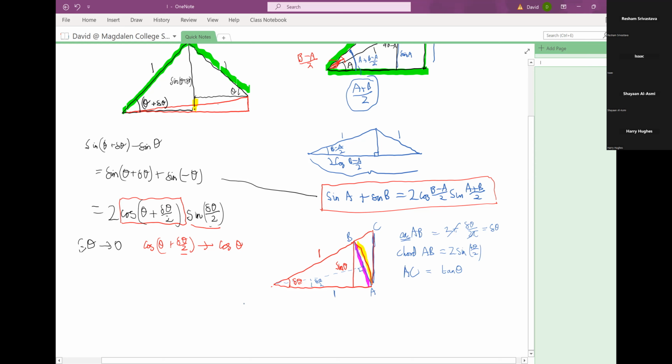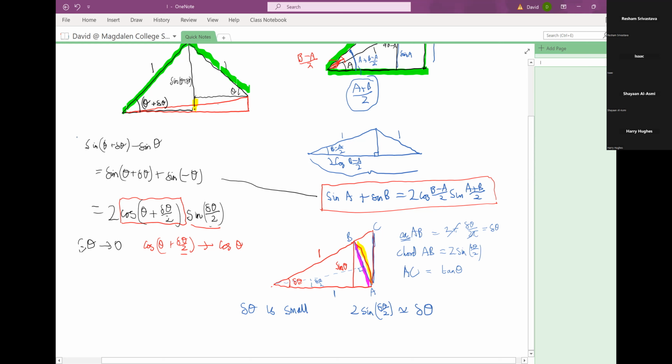So when delta theta is small, the circular arc is essentially a straight line. So you'd expect the distance along the straight line and the distance along the arc to be very close to one another. So what I can say is that 2 sine delta theta over 2, to a very good approximation, is delta theta.